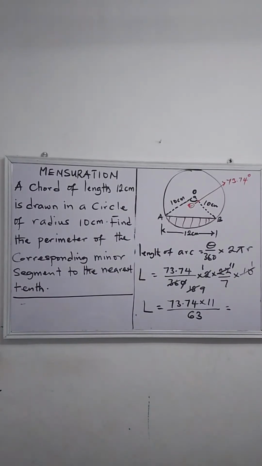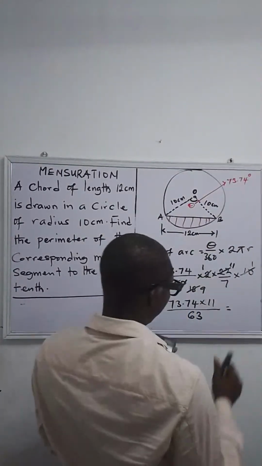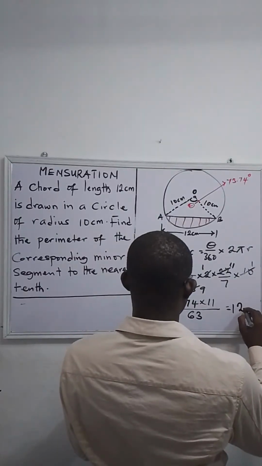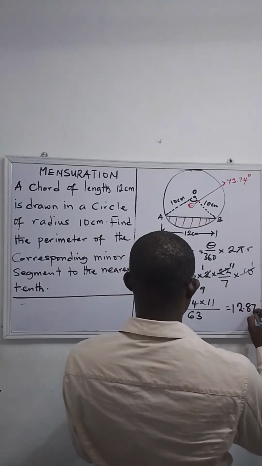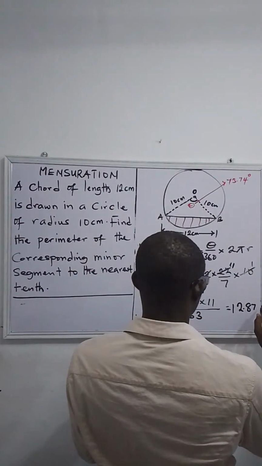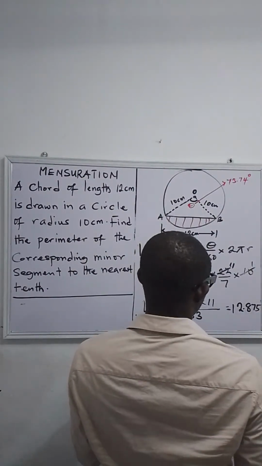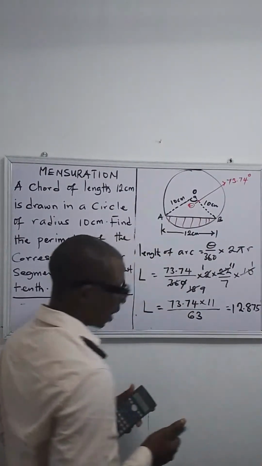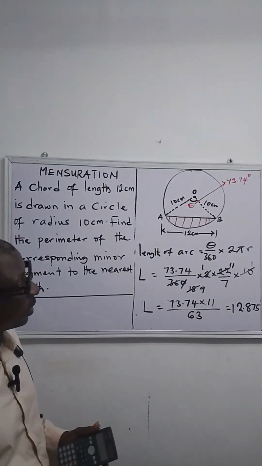I can see your answer. Okay, good. Good. All right. We are all doing fine. So the result to this is 12.875. Okay. So, and that is going to be in centimeter.